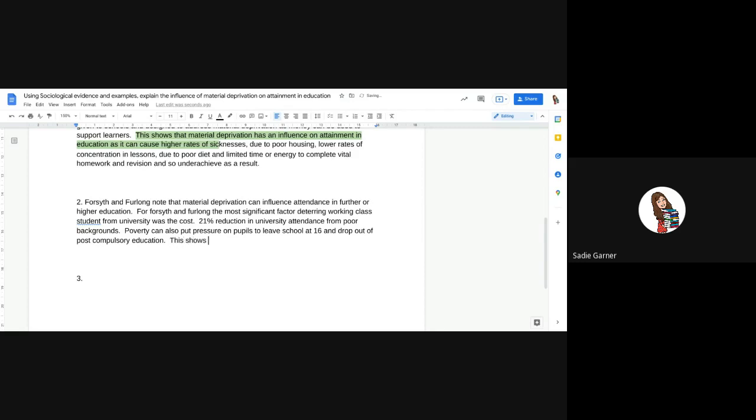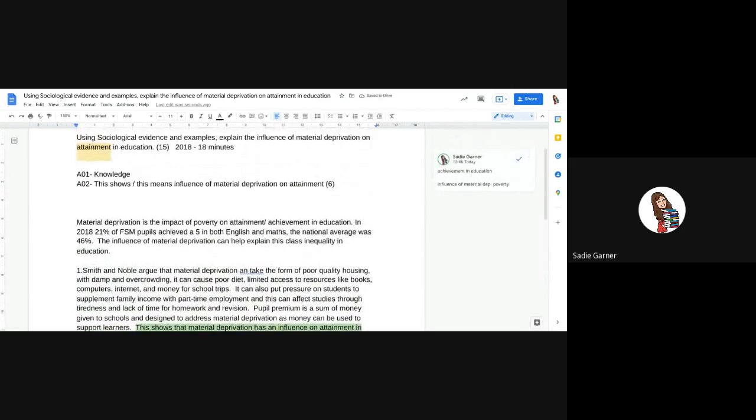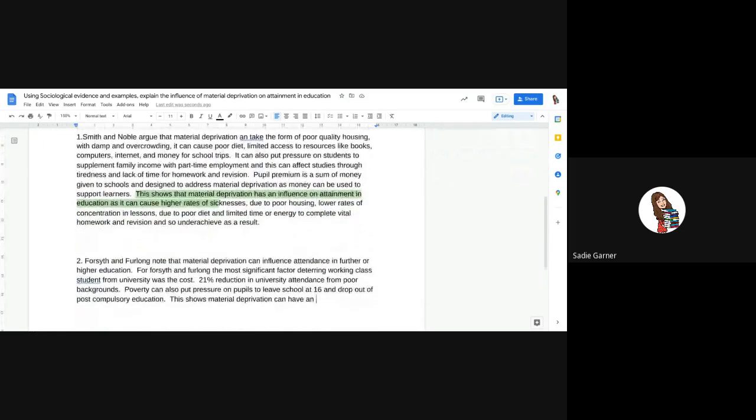This shows material deprivation can have an influence. That's the question. This shows material deprivation can have an influence on attainment in education.